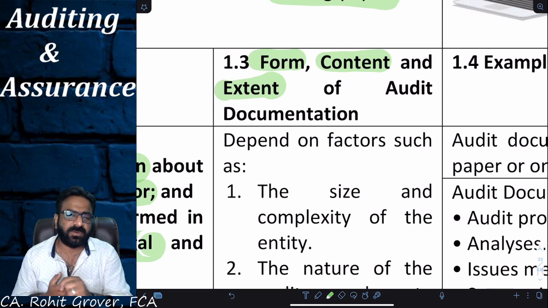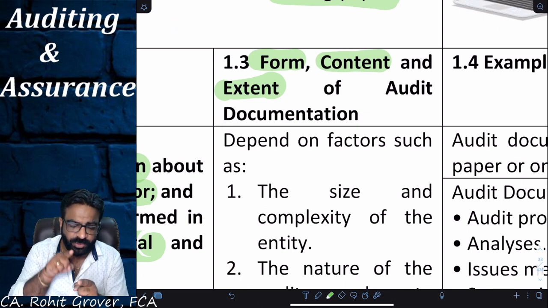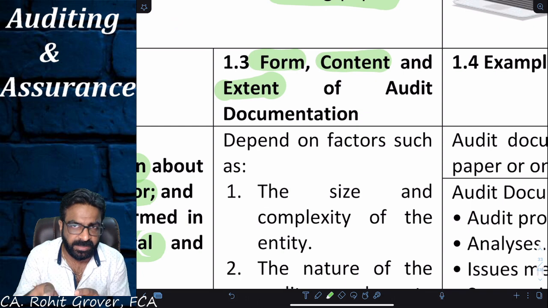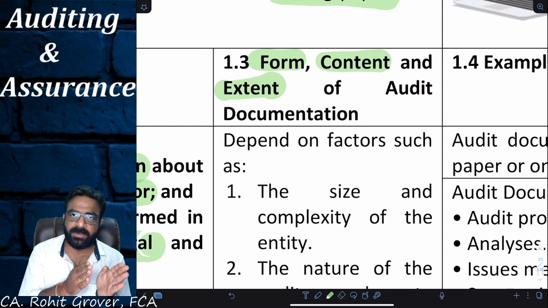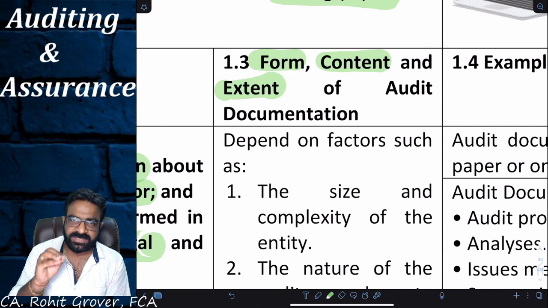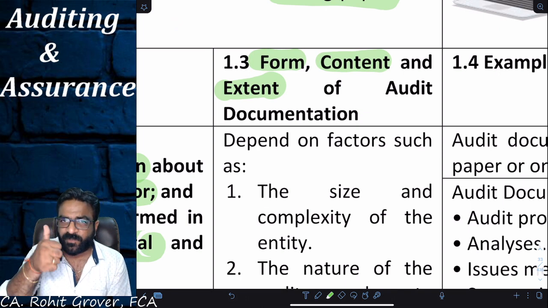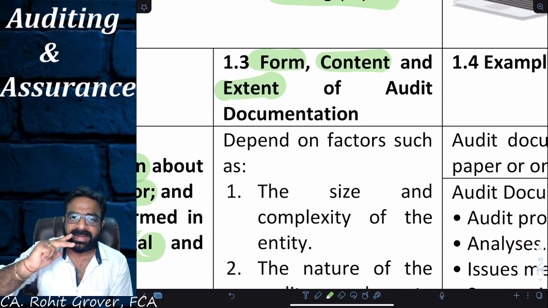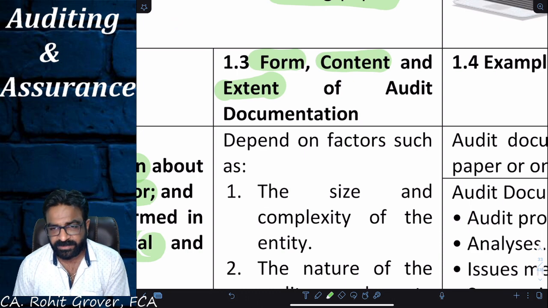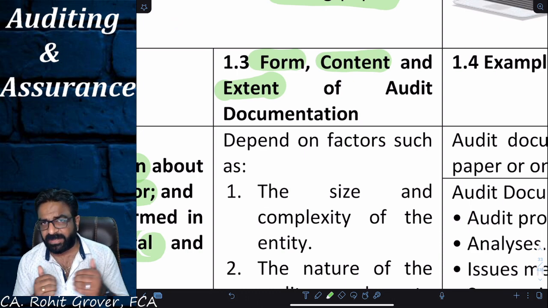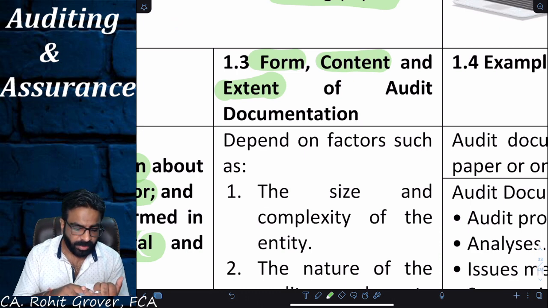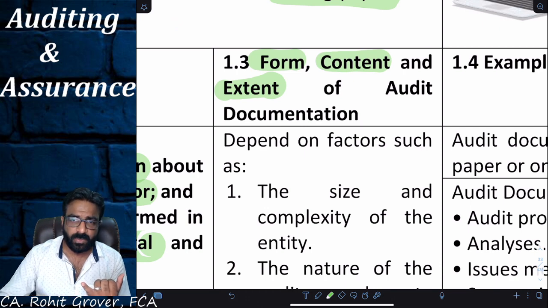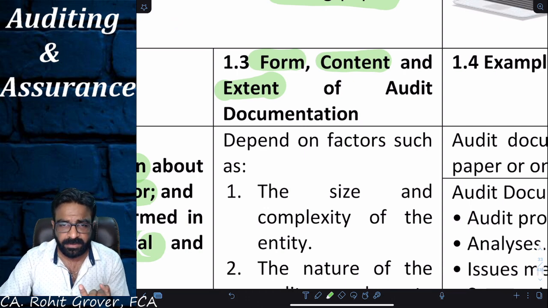That is the question we are going to understand. What should be in my audit documentation file, what should not be in it, we are going to understand. That's why the topic name is form, content, and extent of my audit documentation. It means how the file I'm maintaining should be prepared and what should be inside.